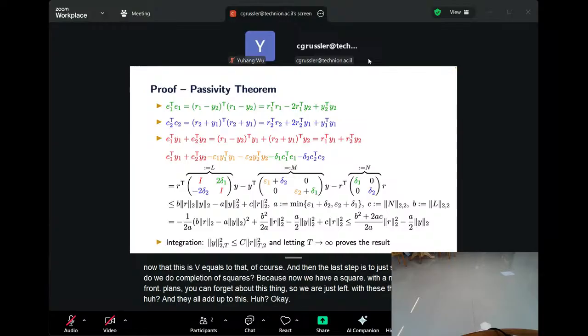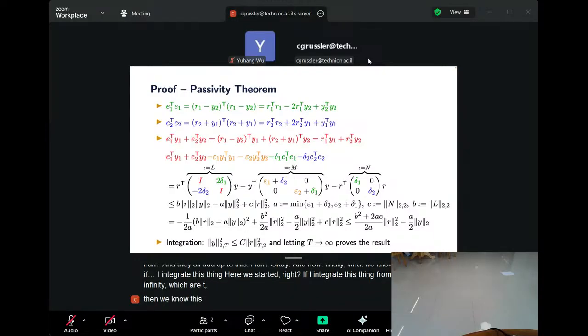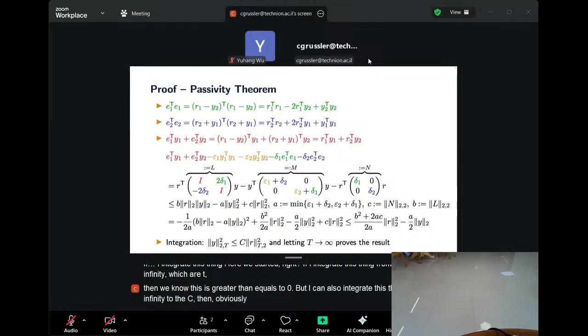Okay? And now, finally, what we know is, okay, now if I integrate this thing from minus infinity to t, then we know this is greater than or equal to 0. But I can also integrate this thing from minus infinity to t then, obviously, right? That's how this works.